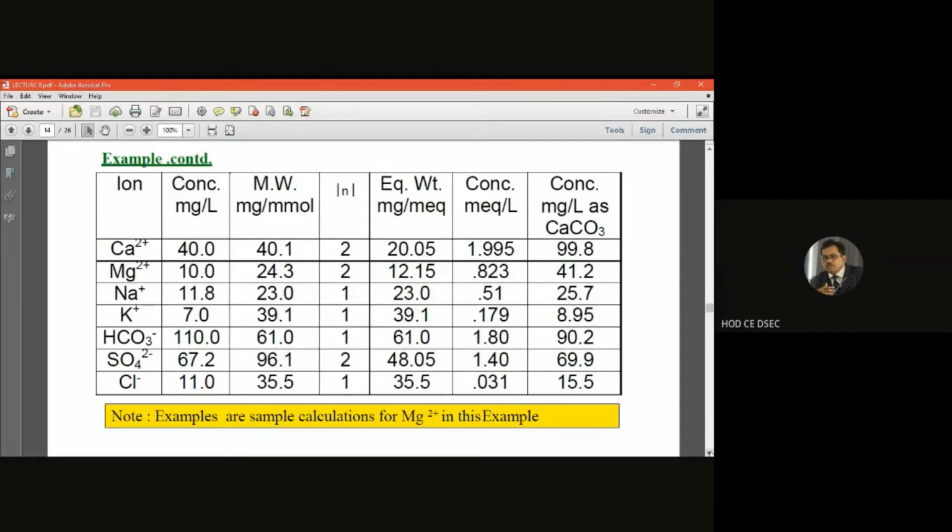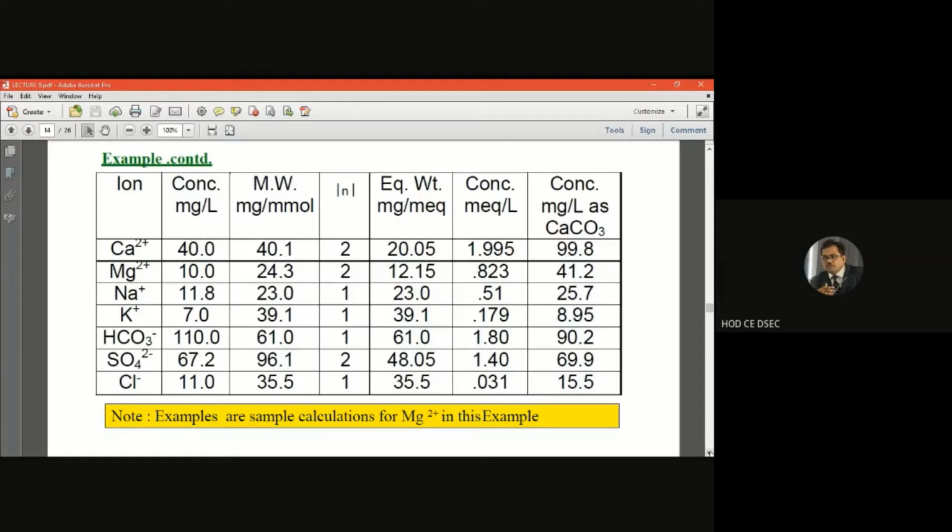So what have we arrived at? The calcium ion, 40 milligram per liter, if you want to express the concentration in milligram per liter as CaCO3, then you have to multiply with the calcium carbonate equivalent weight, that is 50, and divide by the equivalent weight of the ion itself, in this case calcium, that is 20.05.